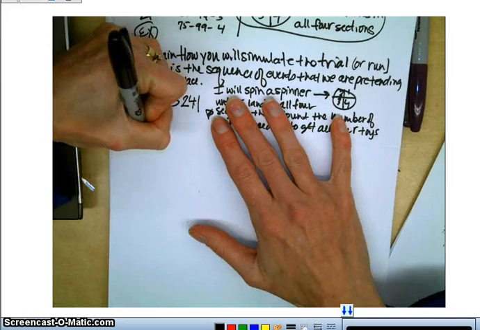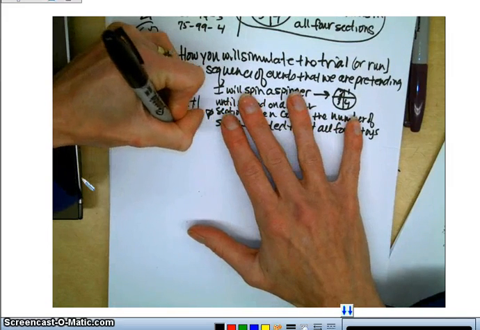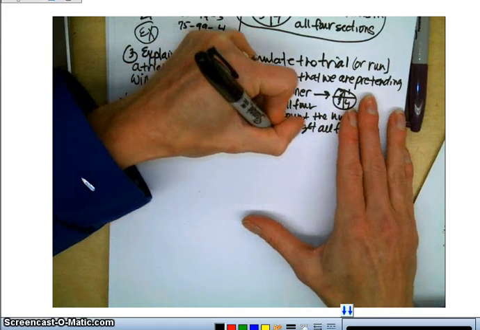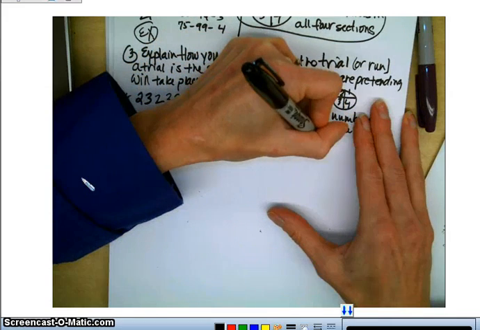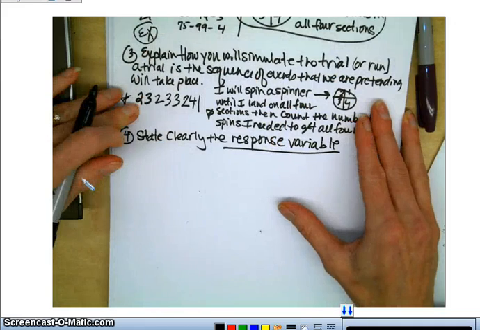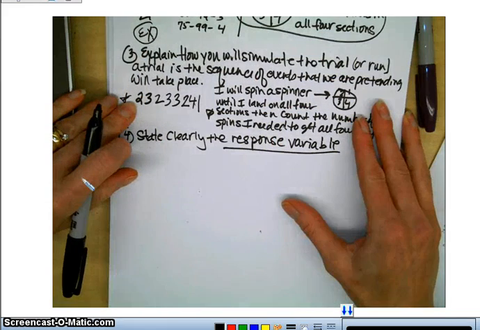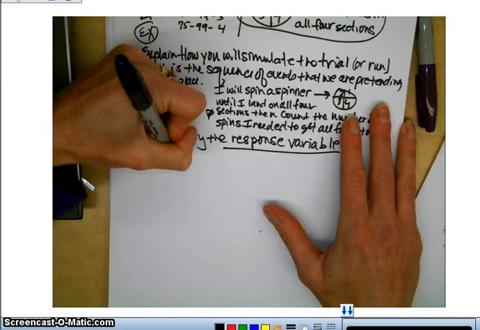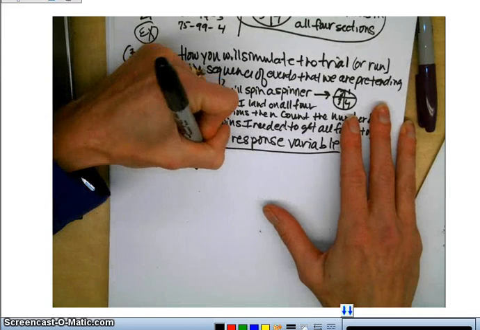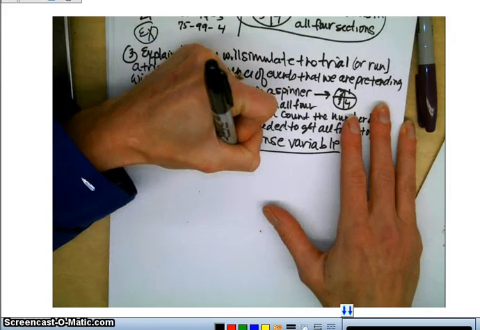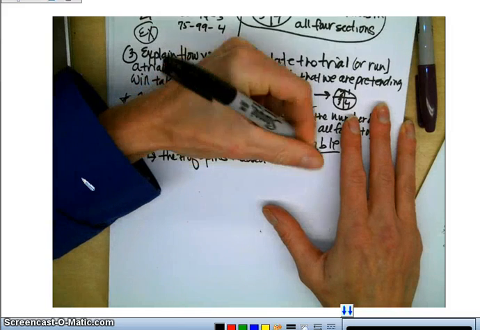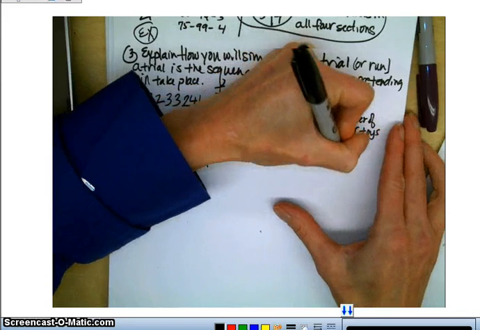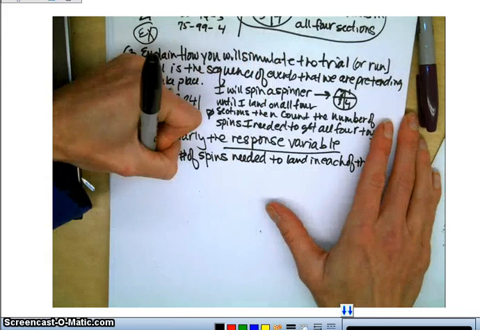Alright, so now we're on step 4 for our how to conduct a good simulation. We want to state clearly the response variable. And this is the same as in experimentation. The response variable is what we're looking for. So in our case, the response variable is the number of spins needed to land in each of the 4 regions.